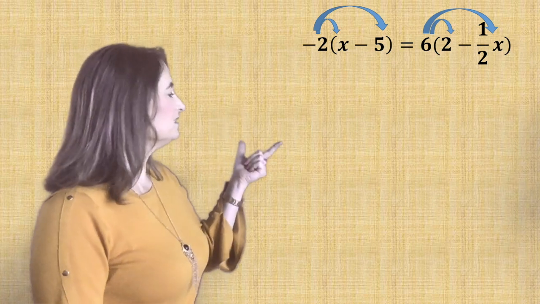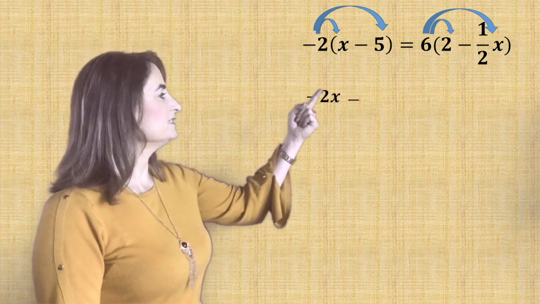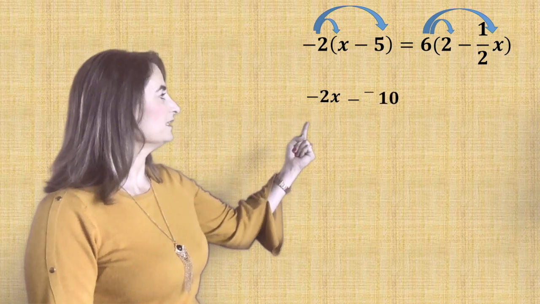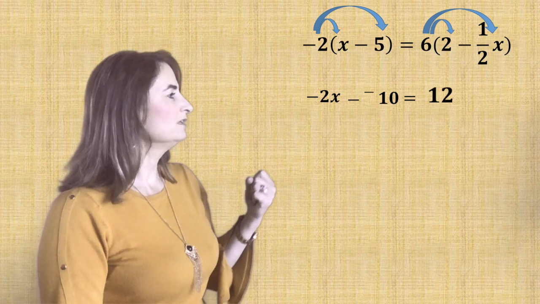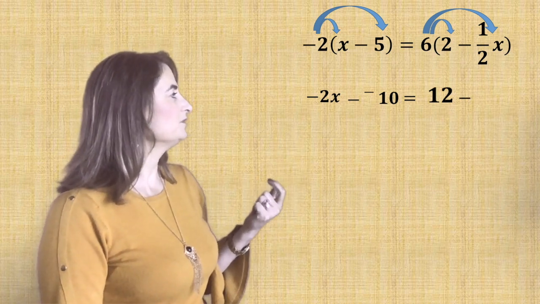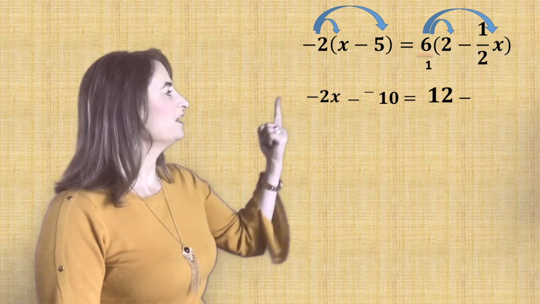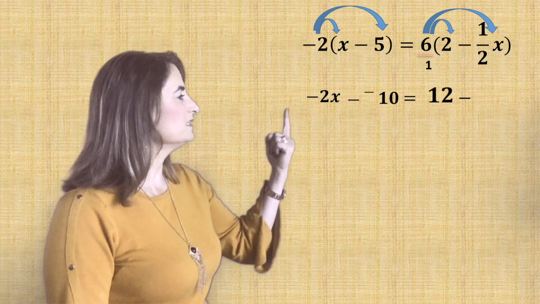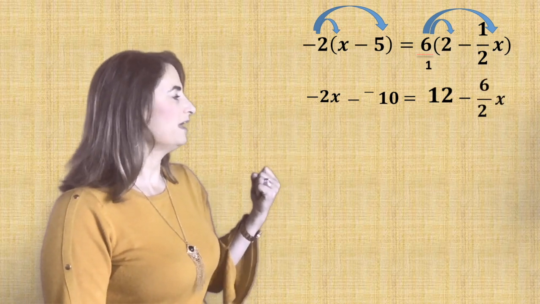Negative 2 times x is negative 2x. Negative 2 times 5 is negative 10, and bring the minus down, equals 6 times 2 is 12. Bring the minus down. Now 6 times half x, if you don't know how to do that, put a 1 under the 6 and multiply fractions across. 6 times 1 is 6, 1 times 2 is 2x.